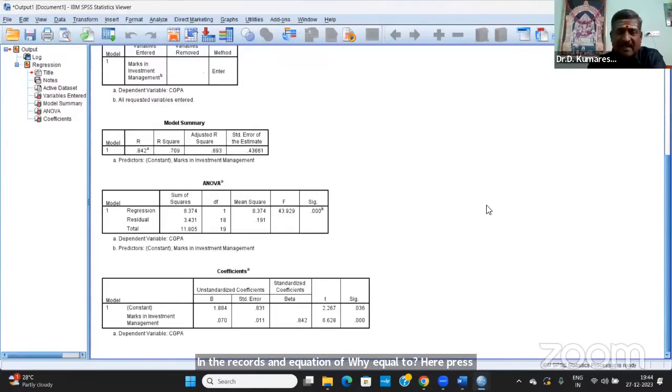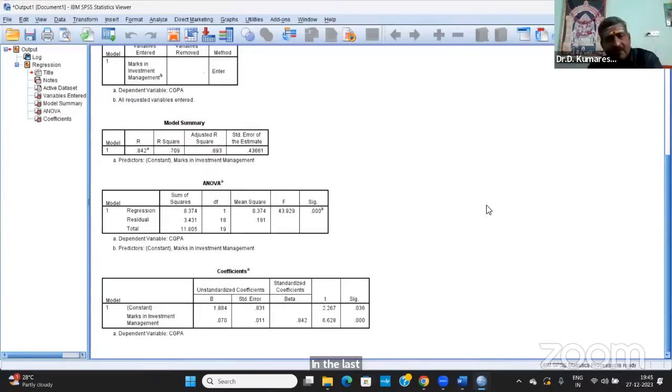A is constant. B is the coefficient of x. Apart from that, you can find the t value and significant value in the last table.